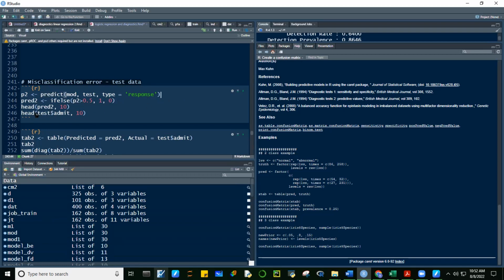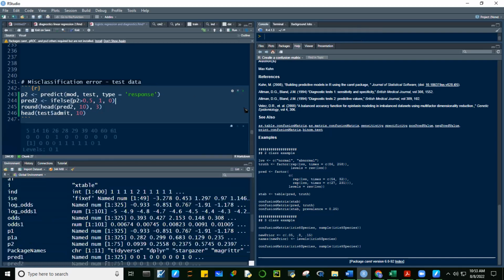Okay? So let's print the first 10 elements. I-round natin to just 3 decimal places. And then, i-print natin yung admit ng test. Okay, so let's run this.